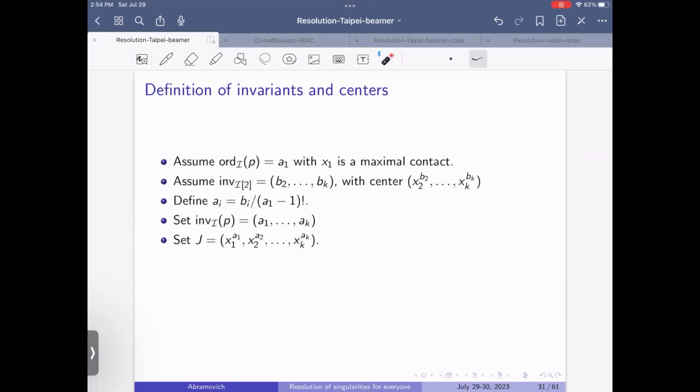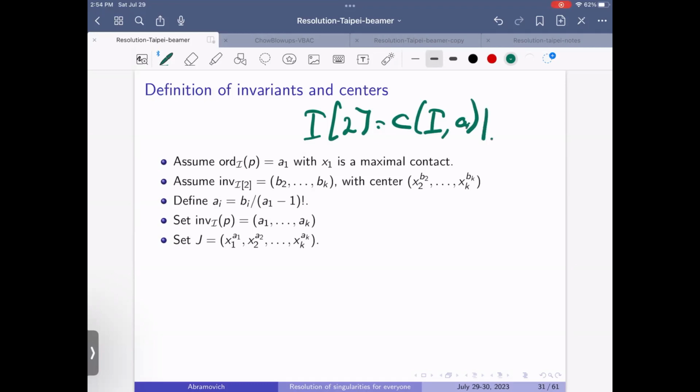I told you how to compute the coefficient ideal, so I2 is the coefficient ideal of A1, restricted to x1 equals 0. And assume that the invariant of this restricted coefficient ideal has already been defined.